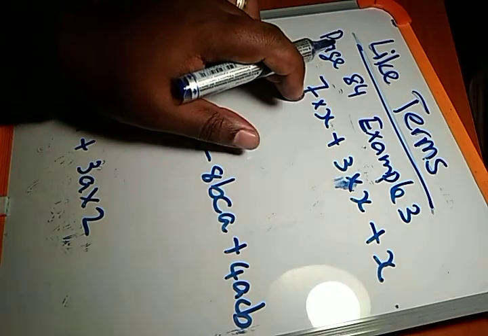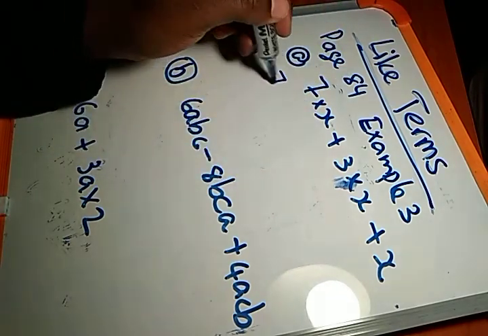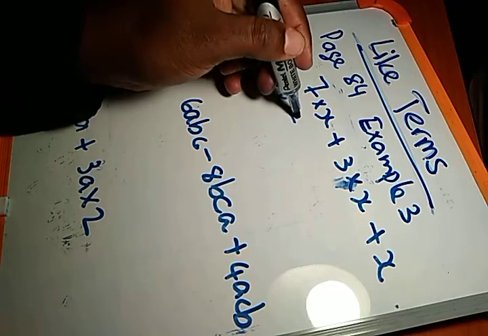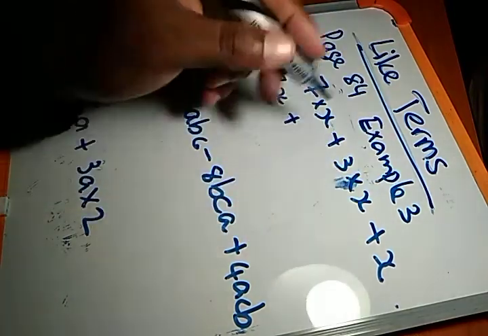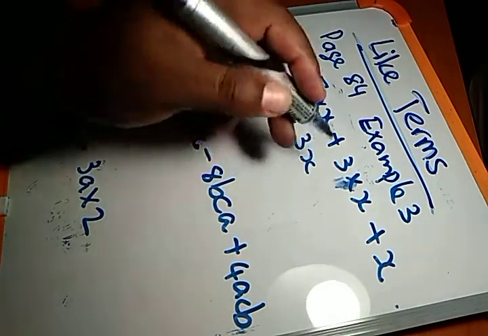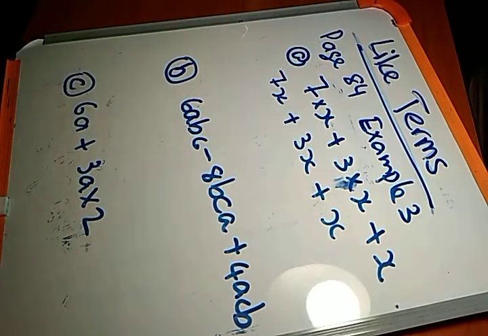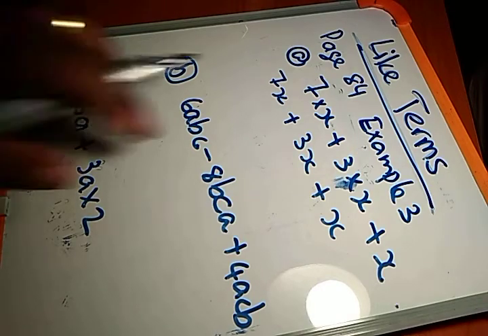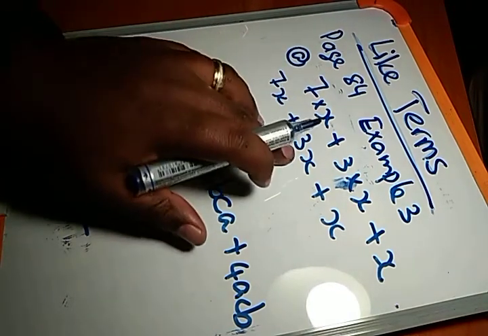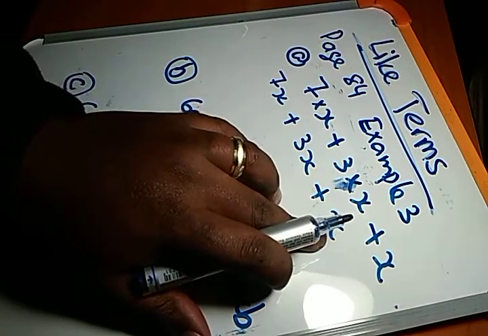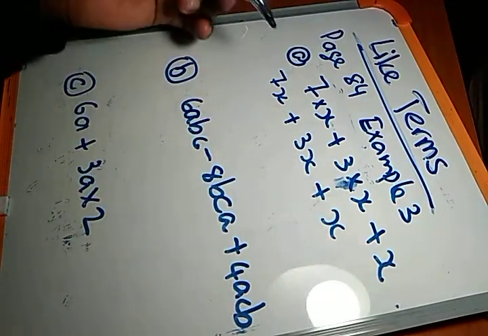So we're going to go 7 times x is 7x. And then plus 3 times x is 3x. Plus x. Are these like terms or are they not like terms? In other words, we've got 7x's, we've got 3x's, and we've got 1x. Those are all like terms. That's the same thing.